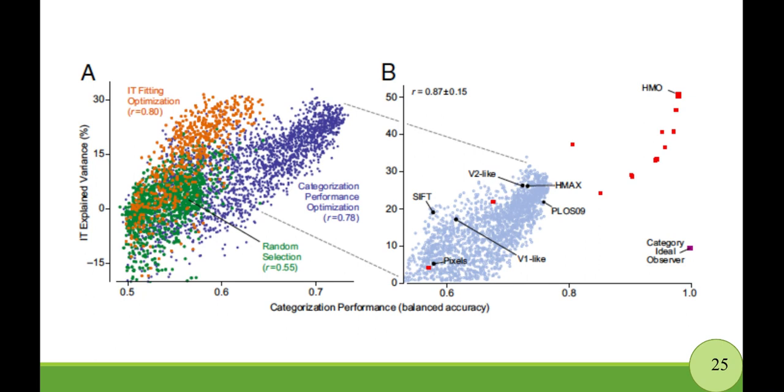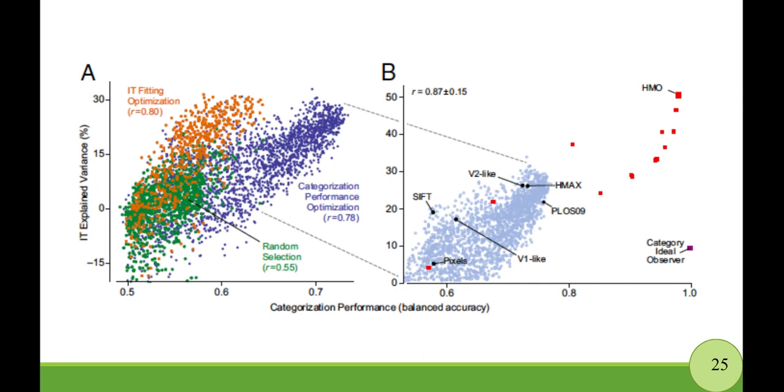So what they did is they tried a random kind of configuration, where the green color means that the performance is not good either in IT or in categorical performance. And they did some categorization performance optimizations. They see the categorical performance goes up, but the IT explained variance is not that great.